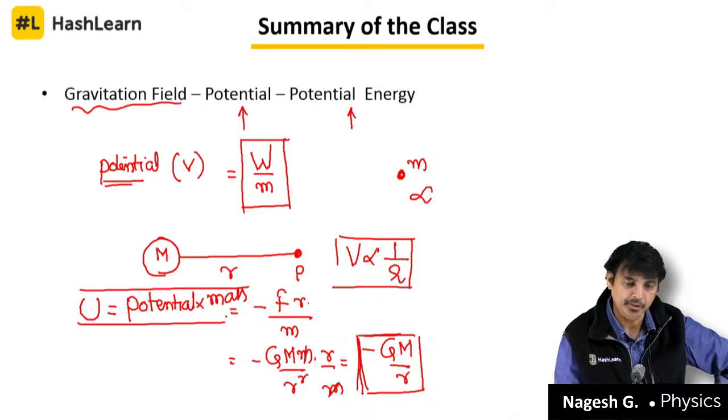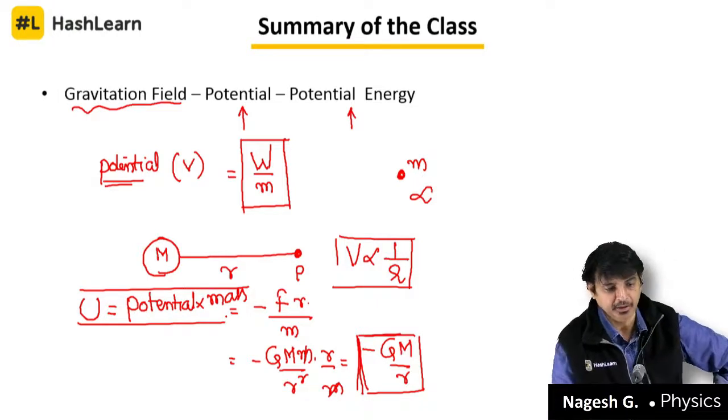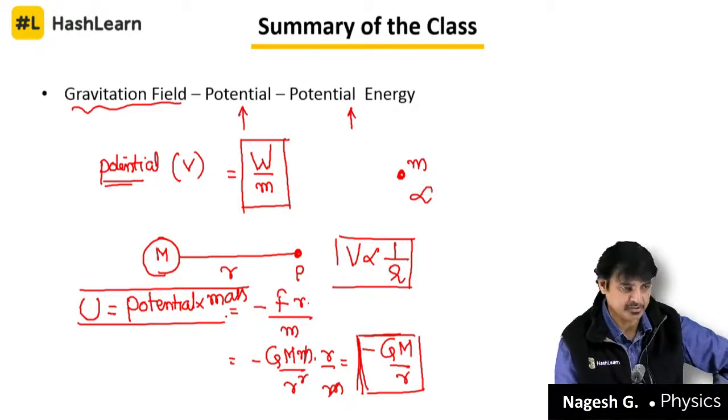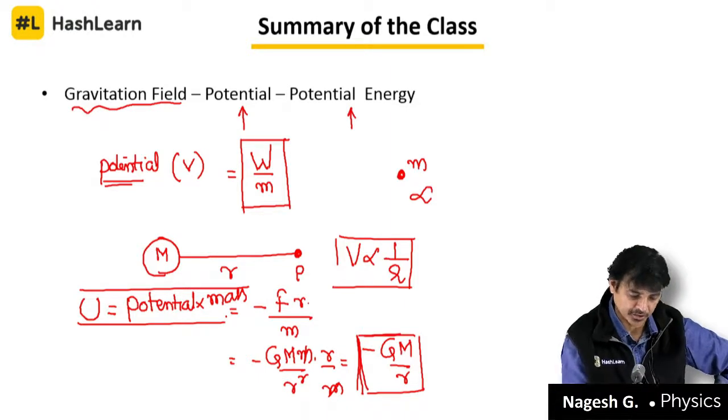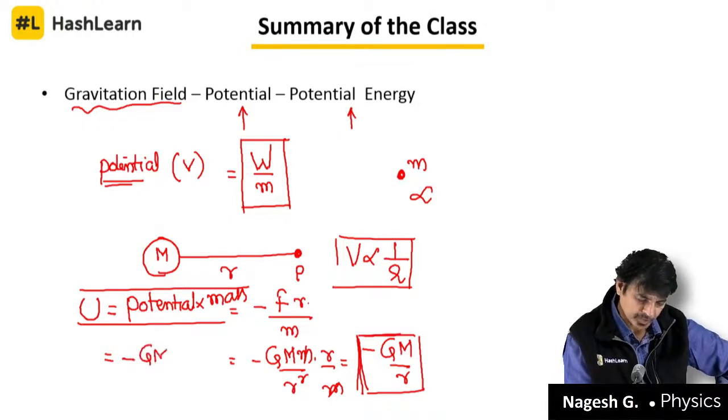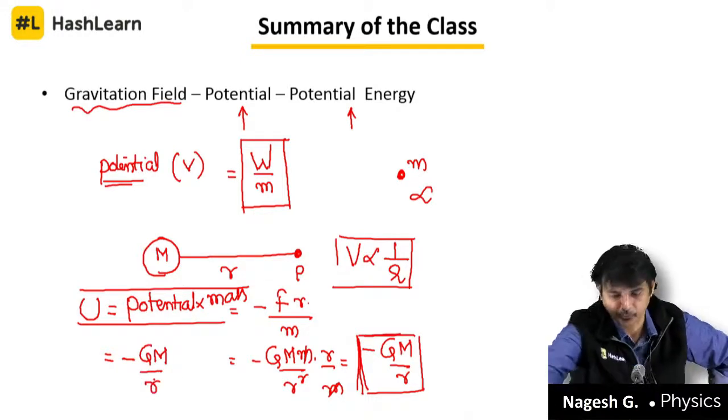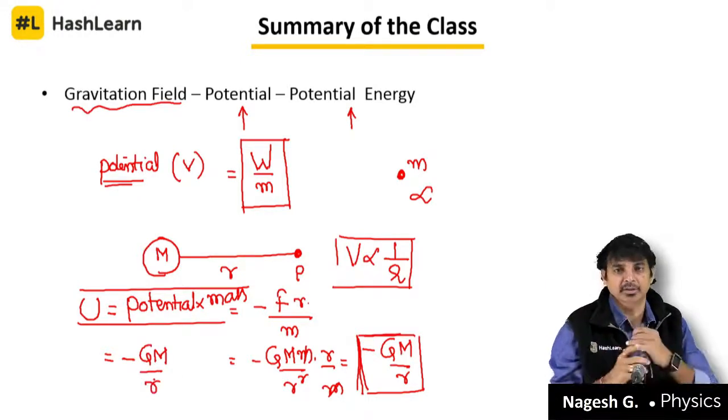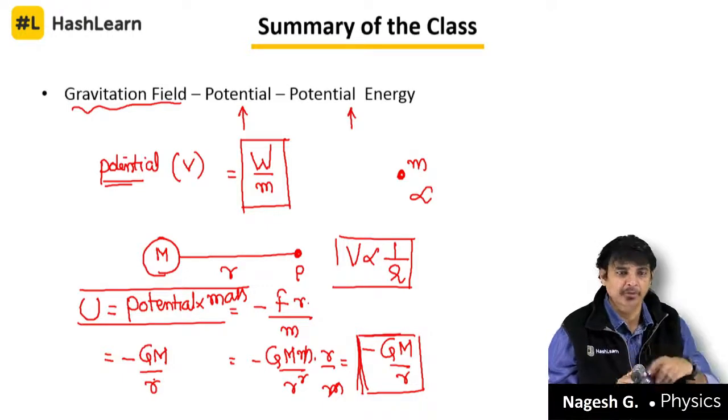Whatever work you are doing in bringing the body from infinity up to the point under consideration will be stored in the system as potential energy, called gravitational potential energy. So by putting the mathematical expression for it, potential at that point is minus Gm by R, M being the source mass, R being the distance of that point from the central body.